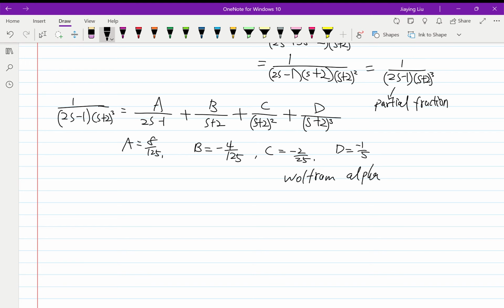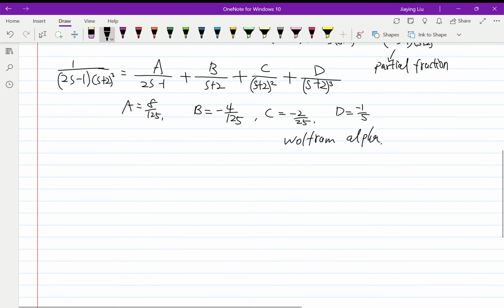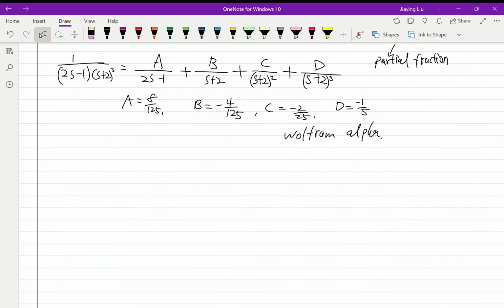I just typed in partial fractions of this fraction, and then they give me the partial fractions. And if you're good with other programs, I think Maple also does the work. And I'm sure you also know other ones.